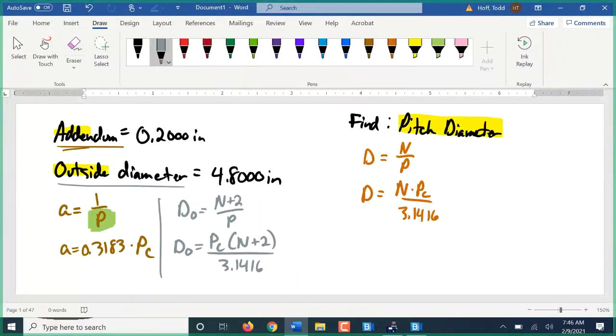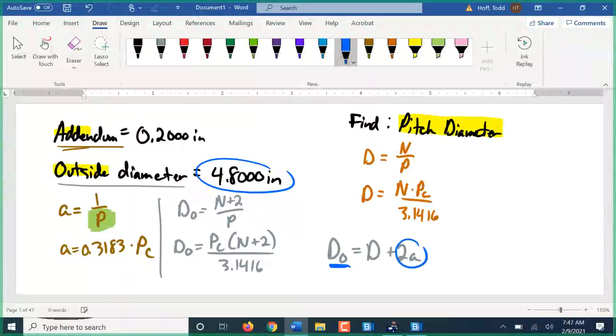We do have outside diameter equal to the pitch diameter, D, plus 2 times the addendum. This is the formula I actually used in the last problem. We're given the outside diameter, and we are given the addendum.